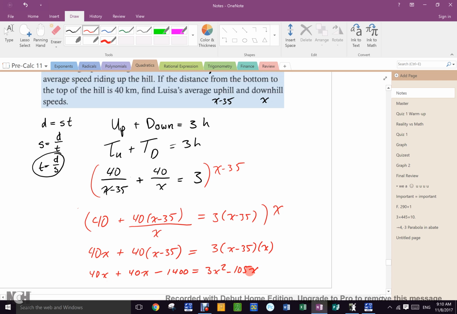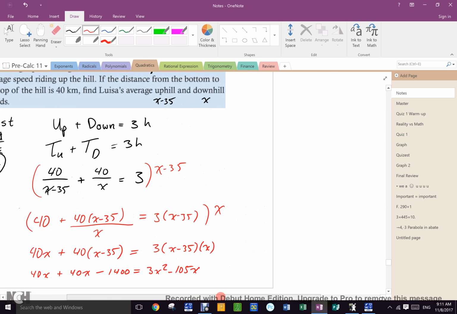Now, do we have a parabola? Now could we graph it? All we got to do is move everything to one side, yes? Everybody cool? So, what would it look like to move it to one side? I'm going to move the 3x over, get negative 3x squared. I got 80 x's here, and I'm moving over positive 105x, yes?